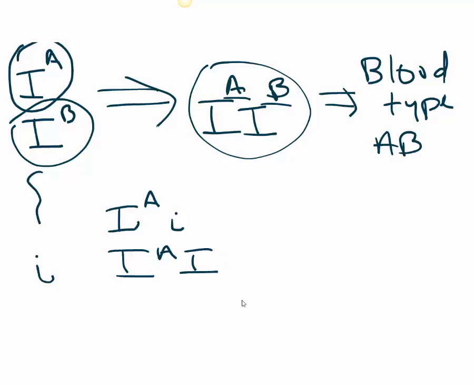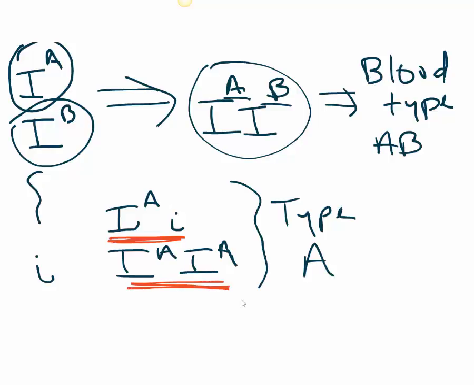And in both situations, the blood type of these individuals would be blood type A. So in this situation, we would say that the individual is heterozygous because it contains the lowercase i. And this would be homozygous dominant in that case because they have both chromosomes, one from mom, one from dad, both contained the A allele.